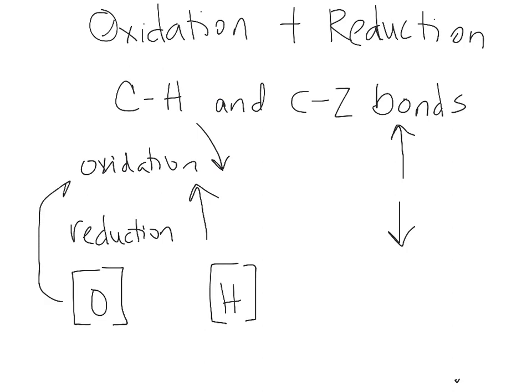So O in brackets just means you have an oxidation reaction happening, and H in brackets means you have a reduction happening. That's describing what's happening to the hydrocarbon. If you have two carbon atoms involved, then you need to count the total number of C-H and C-Z bonds at both atoms to decide whether it's being oxidized or reduced.